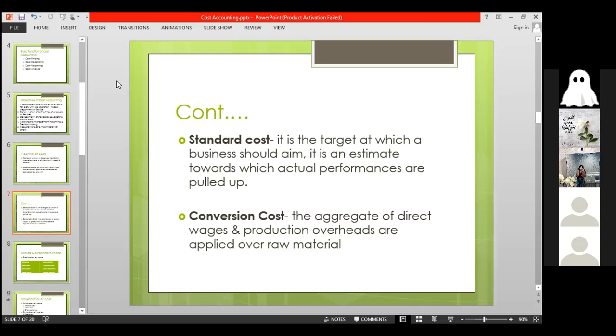Setting the standard means you are setting up the expectation of how everyone should be performing. That's the same thing with companies. If you're setting a cost standard, it means that you're setting a level at which your cost should be at all times. So it is the standard or the target cost that your business intends to achieve.